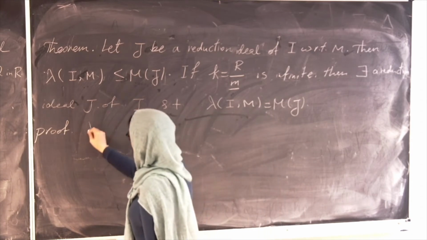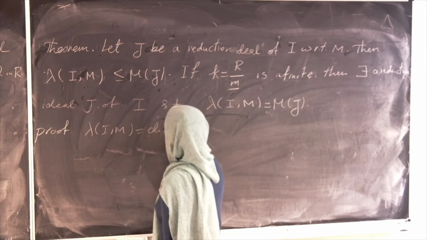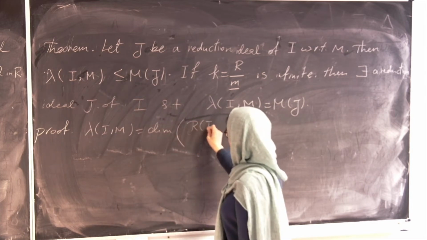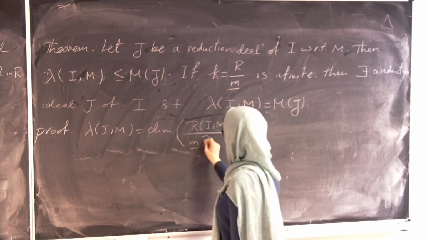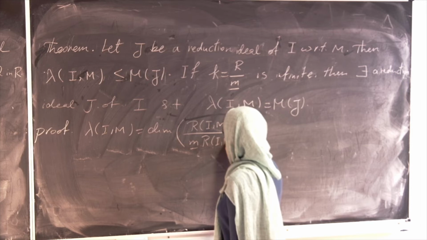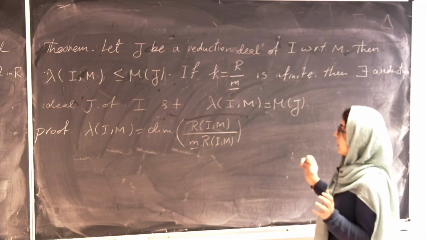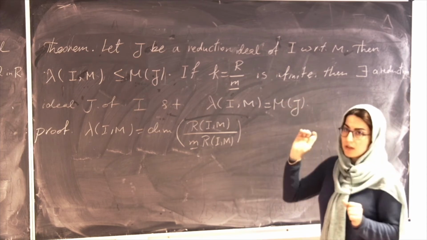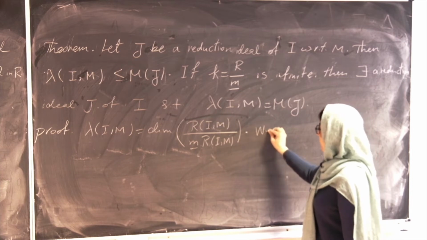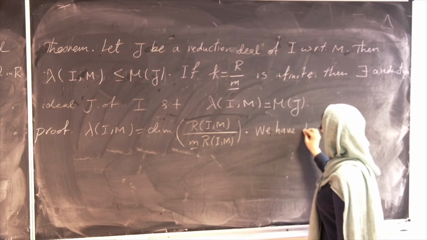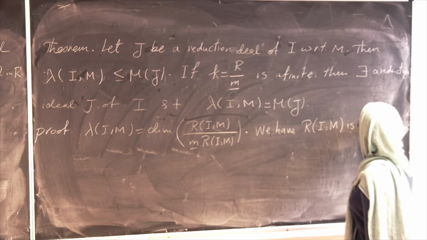For what is lambda I and M? By definition, this is just the dimension of this quotient module of RIM. So from what we learned today, because J is a reduction ideal of I, RIM is finitely generated over RJ.